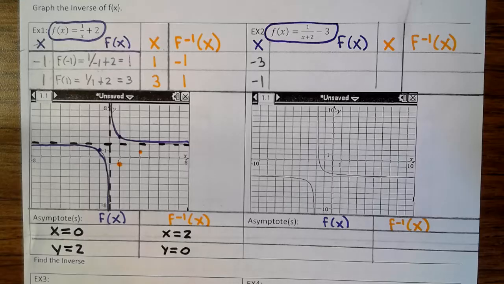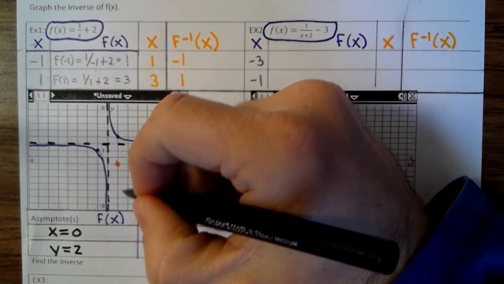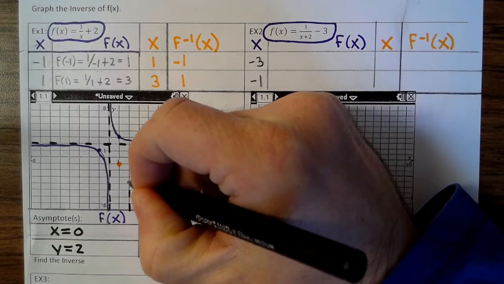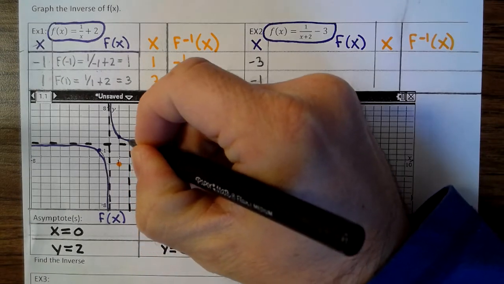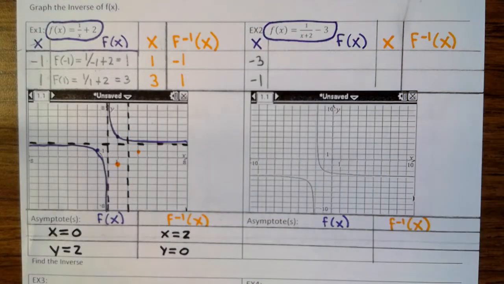And y equals 0. Oh, I'm sorry. That's x equals 2. What am I talking about? And y equals 0.